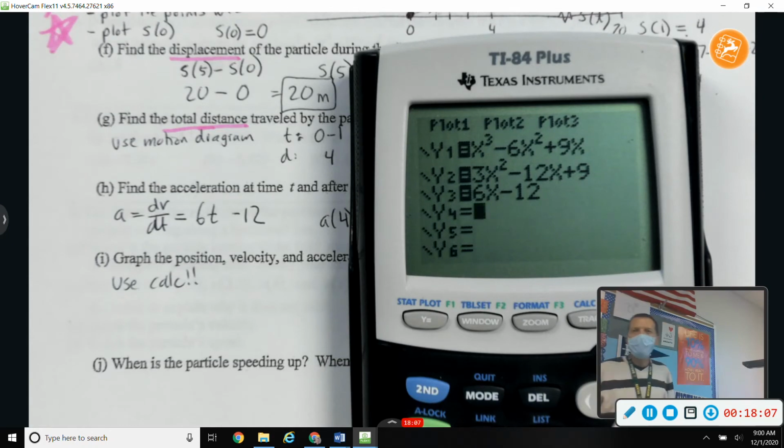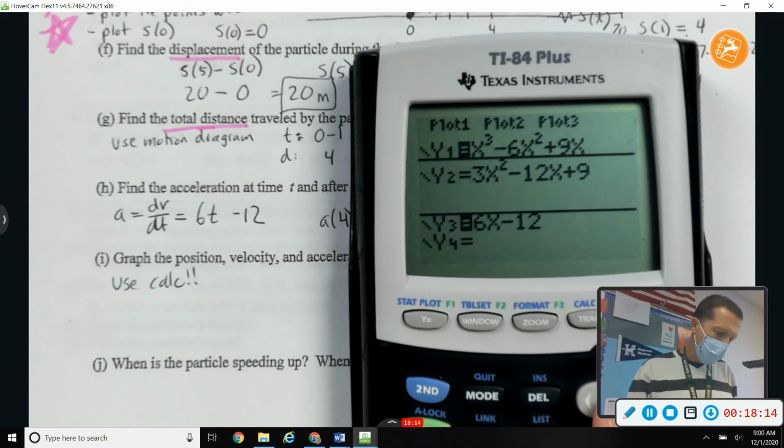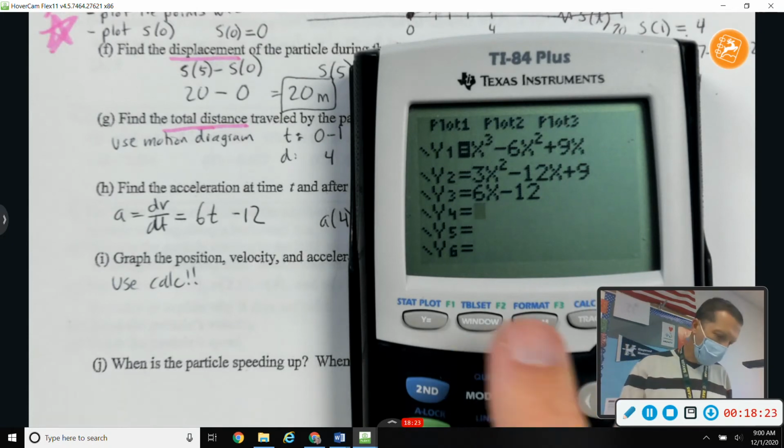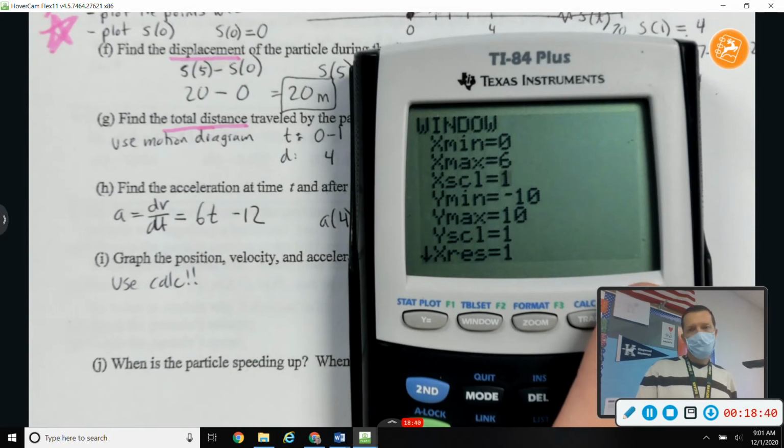So I'm just going to put them in for y1, y2, y3. I am not going to look at them all at once because I think that would get confusing. Maybe once I look at them one at a time I could do that. But I'm going to turn off the second two and only look at the first one. I only care about 0 to 5. I guess I could go 0 to 6. I don't know about y min and y max yet. I don't know what's a good scale for that. So we'll just leave it as -10 to 10 and see what happens.